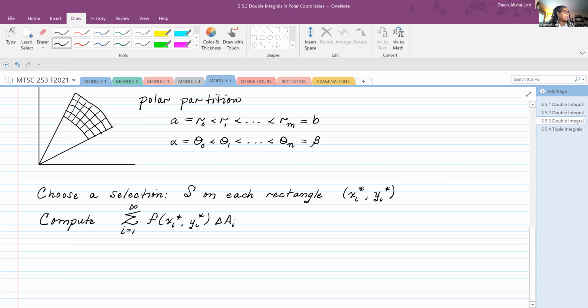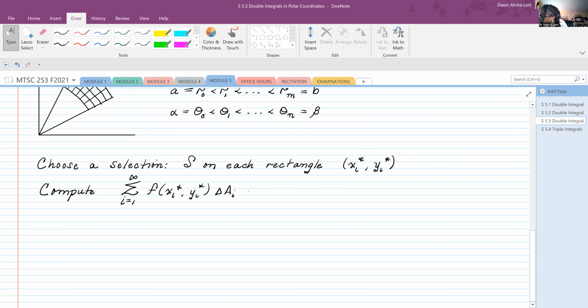When I go to do that, that's going to equal the sum of f, where x is Ri star times the cosine of theta i star, and y is Ri star times the sine of theta i star, and dA is Ri star delta Ri delta theta i.